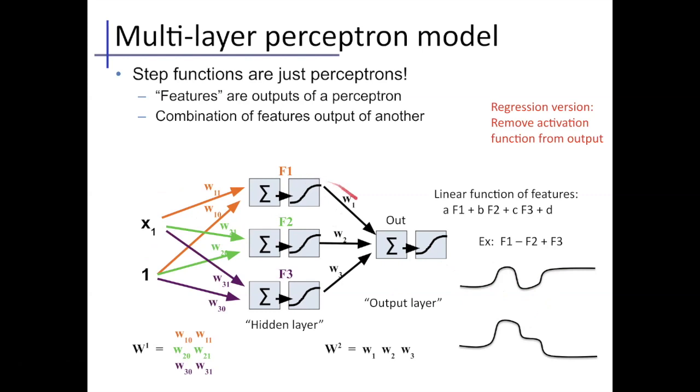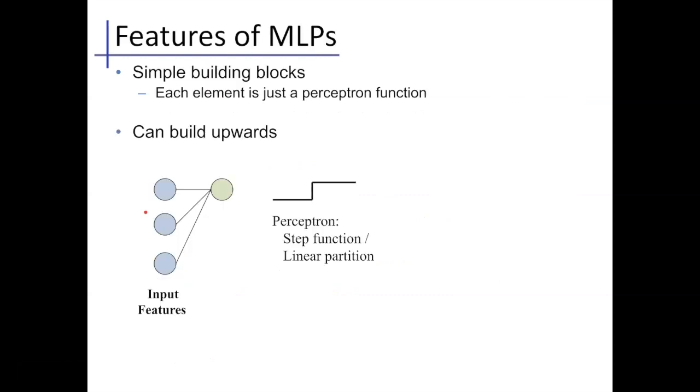Then the last layer, the outer layer, receives the output of the previous layer, applies a similar mechanism, takes linear combinations of them, and then applies this nonlinear activation function. That is the final prediction for your input, and that's the multi-layer perceptron model.